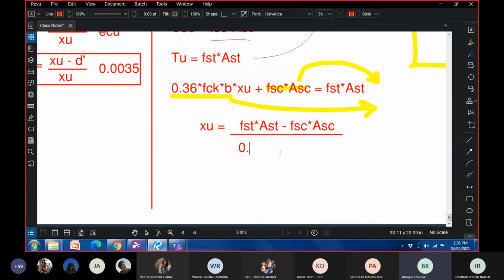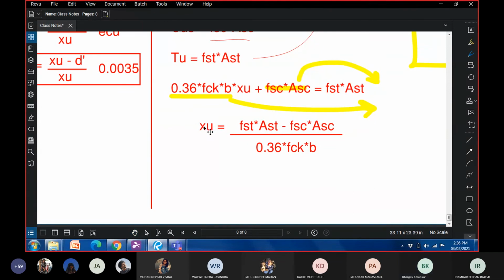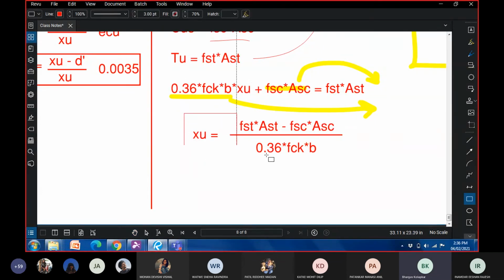This is equal to 0.36 into FCK into B. So this is a formulation for XU.